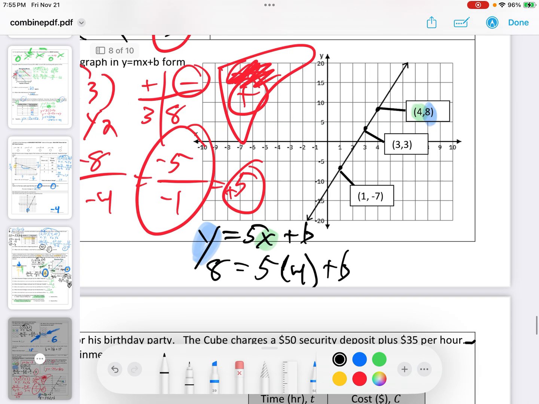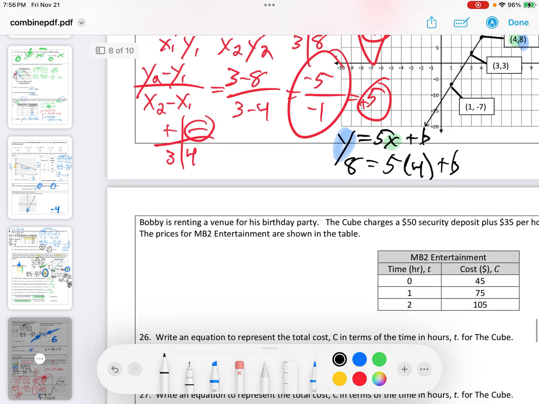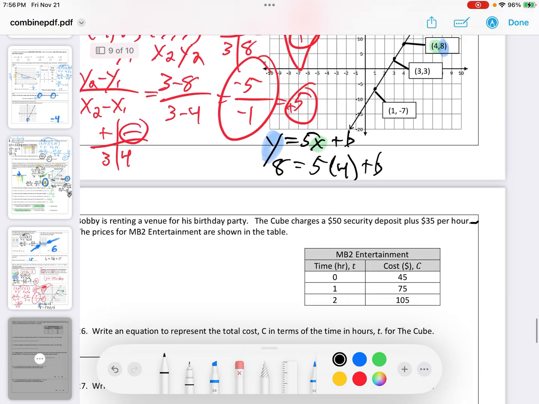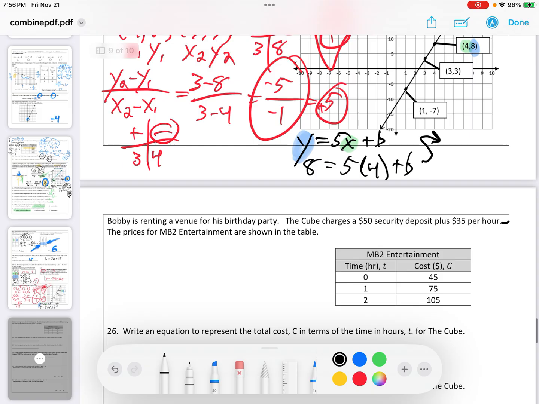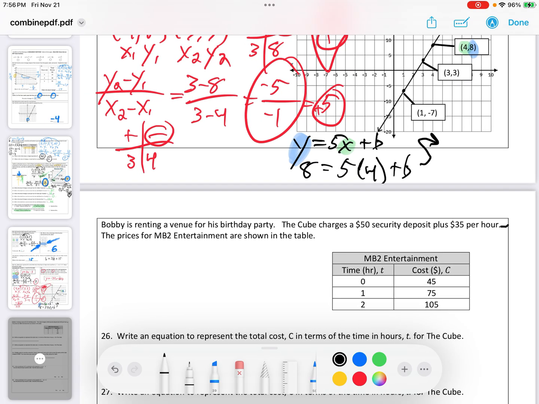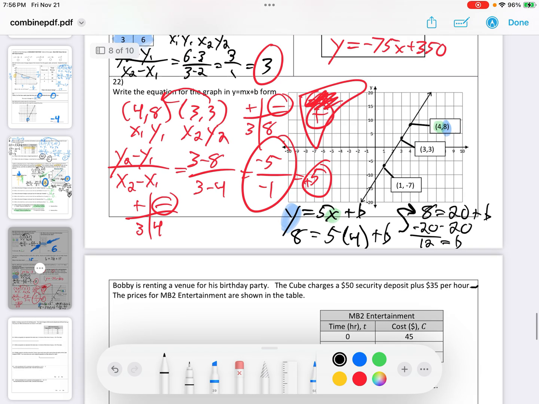Now, unfortunately, we're totally out of space there. So where can I write this? Phew, I'm just going to have to move it up here. That's too bad. 8 equals 20, which is 5 times 4, plus b. Subtract 20 on both sides. 12 equals b. Okay, I got it.